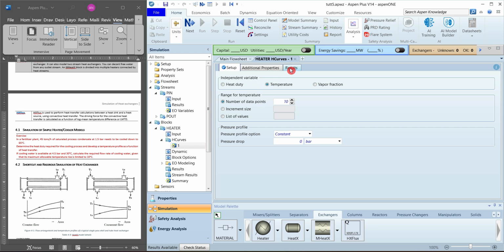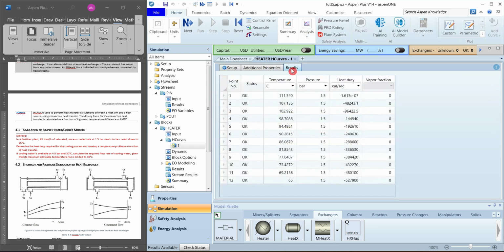To view the results, you can go to the third tab on the same page. Here are the available results, temperature and the heat duty. Before plotting, let's shift the units to kilowatt because we can better recognize these numbers.